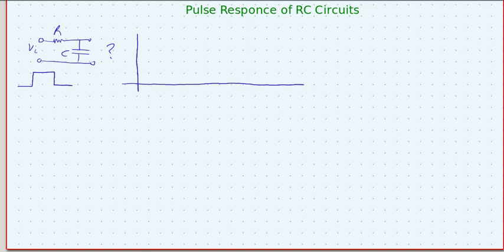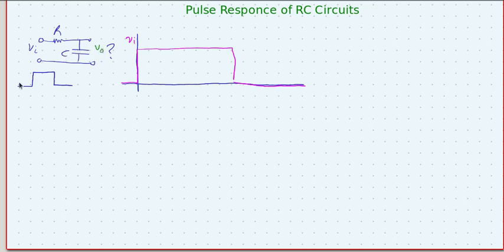so let me draw it in an expanded version. So this is our pulse input. Okay, that's our input Vi. Now, what should be our output? That is VO.